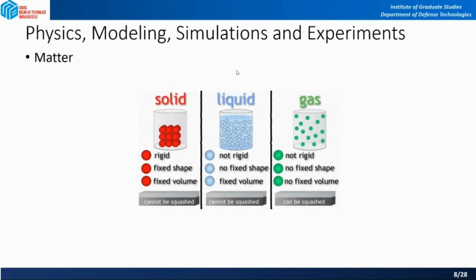Both of them take the shape of their container, and in a liquid there is always a free surface, a boundary between liquid phase and gas phase, and gases completely fill the volume of their container. So this is what we know about matter right now.